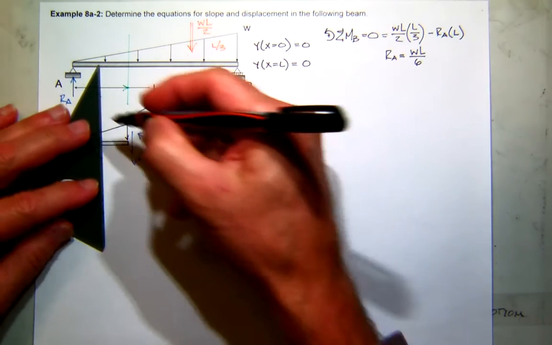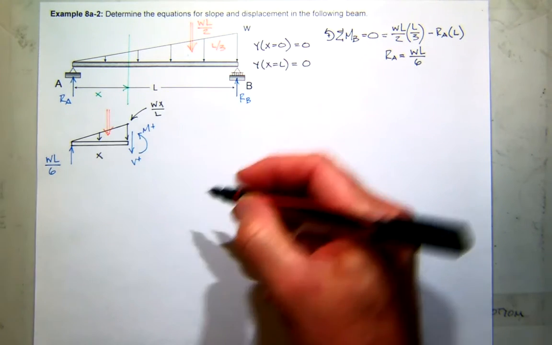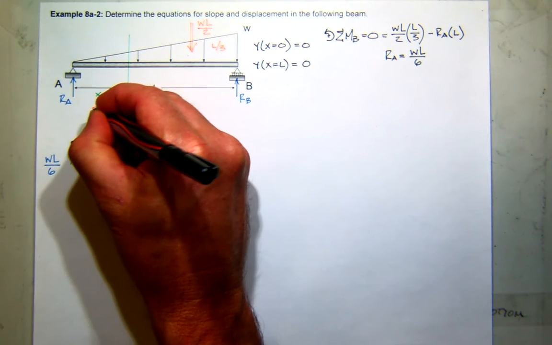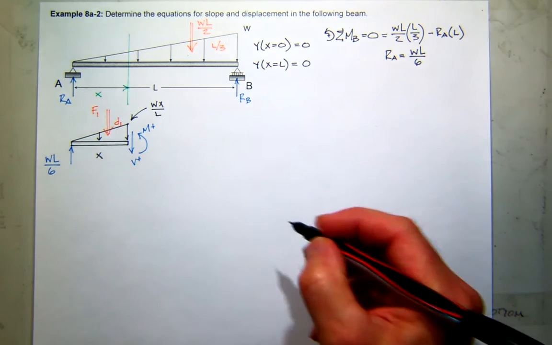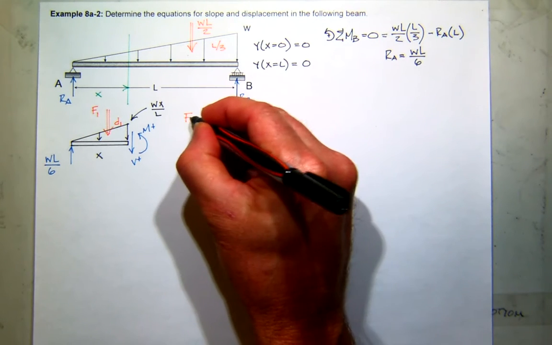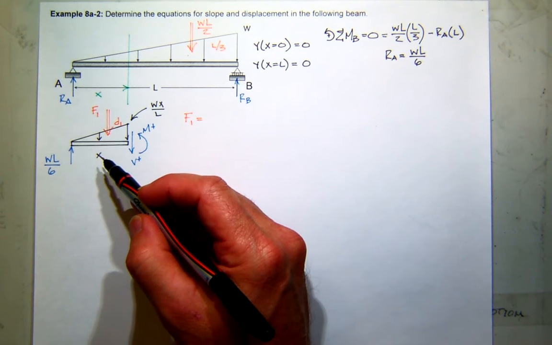So the first thing I want to do is find the concentrated equivalent force. I'm going to run out of space in there, so I'll just call it F1. And then also it'll be a distance from the cut D1. So what's F1 equal to? Well, it's a triangle, so it should be 1/2 base times height.